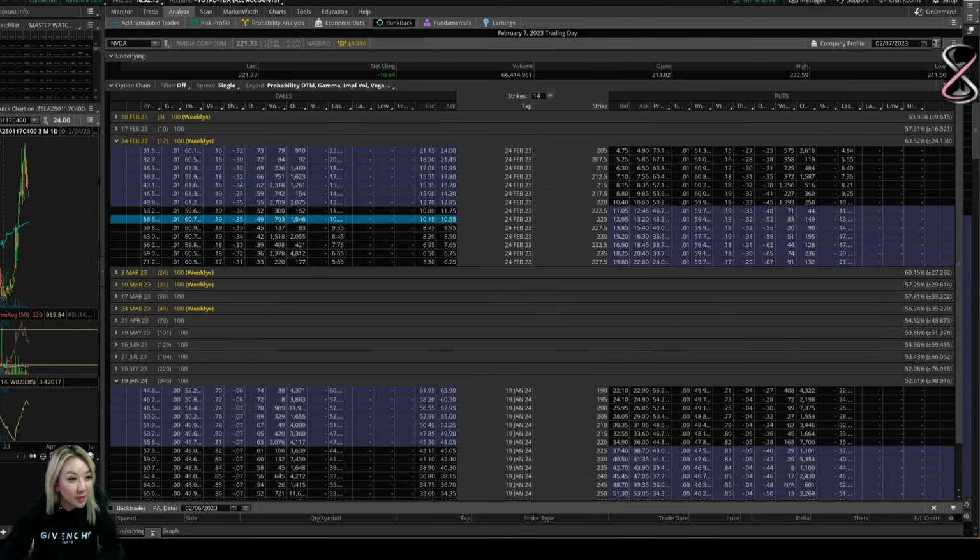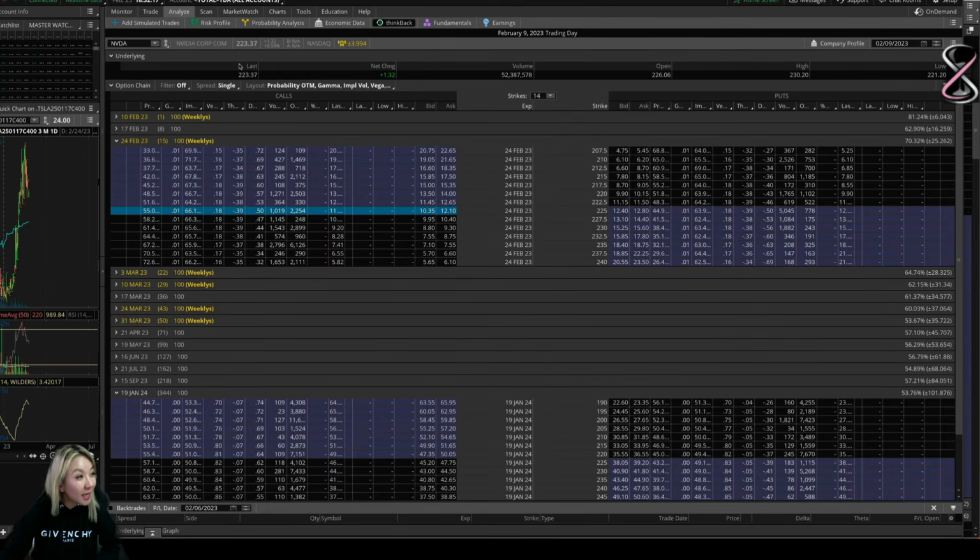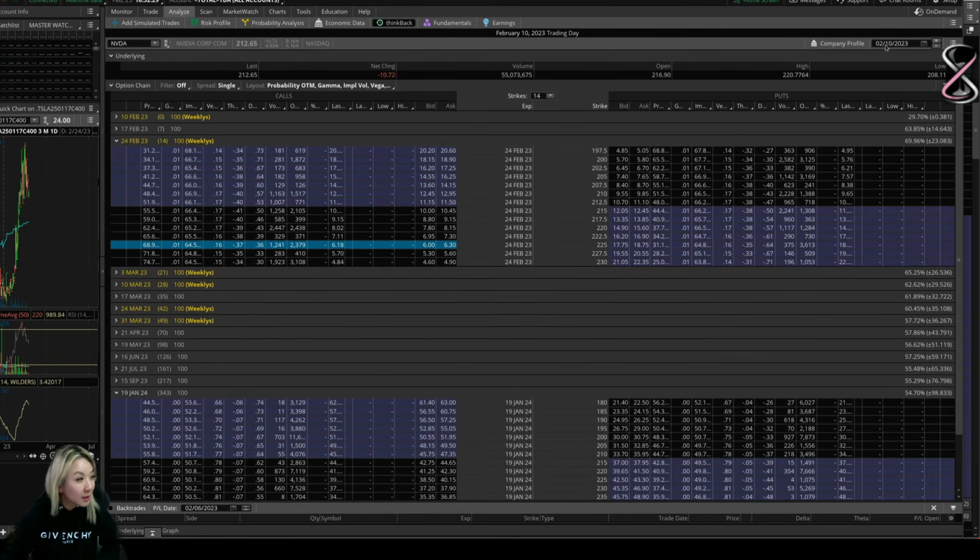Now the next day, what happens? It keeps going up, right? It went up $2. Okay, $2 with 50 delta is about another $1. So that's why it went up another $1. Now it dropped $10. So $10 with another 40, maybe about 40 to 50 delta, is about a $4 to $5 decrease from your $11, which makes it $6.